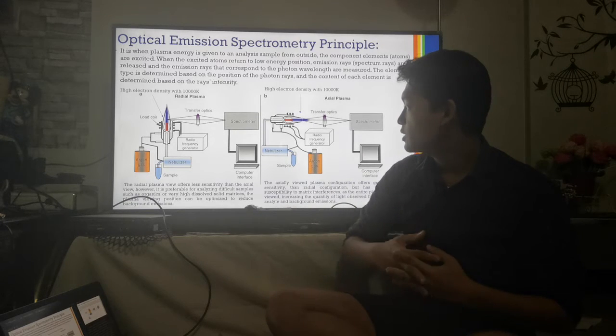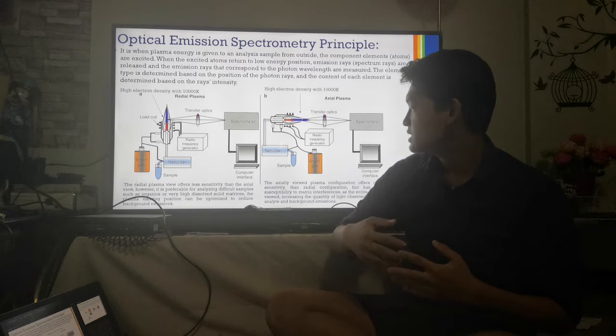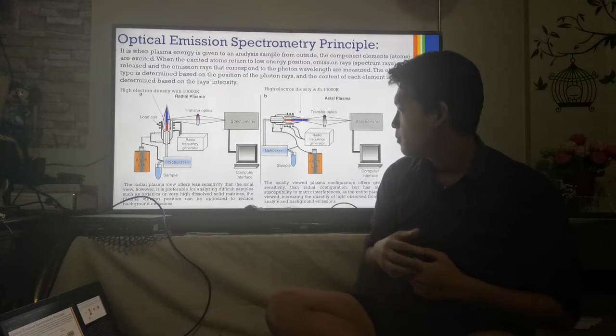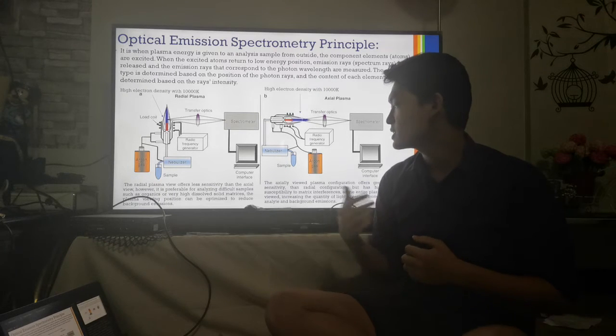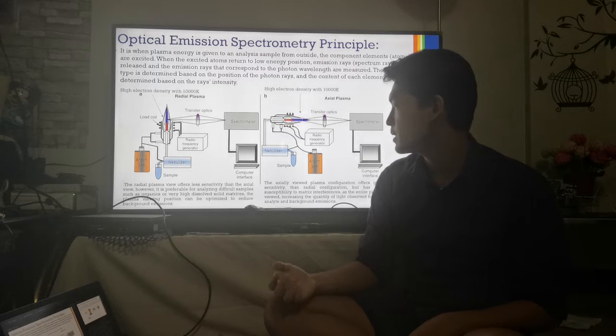So what is the difference between these two? Radial plasma has less sensitivity than the axial view. However, it is preferable for analyzing difficult samples such as organics or very high dissolved solid matrices. The plasma viewing position can be optimized to reduce background emissions.